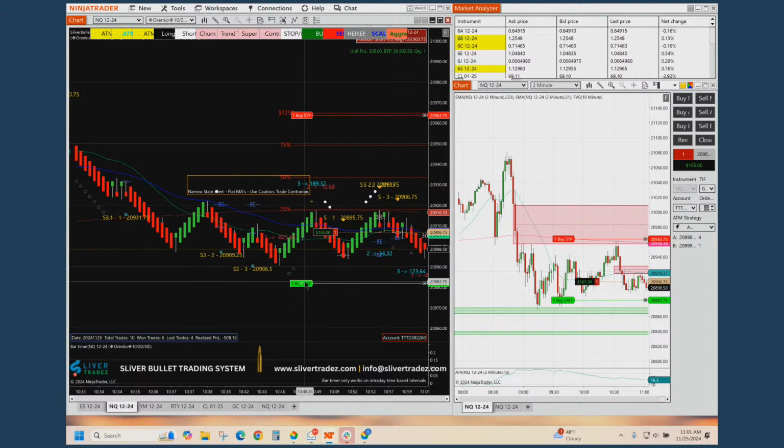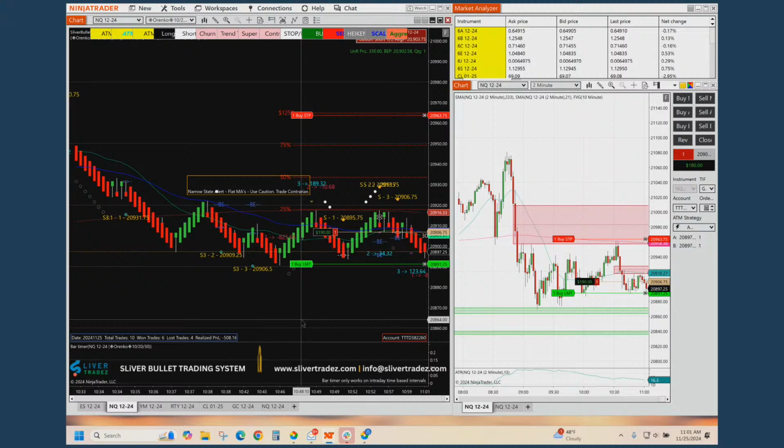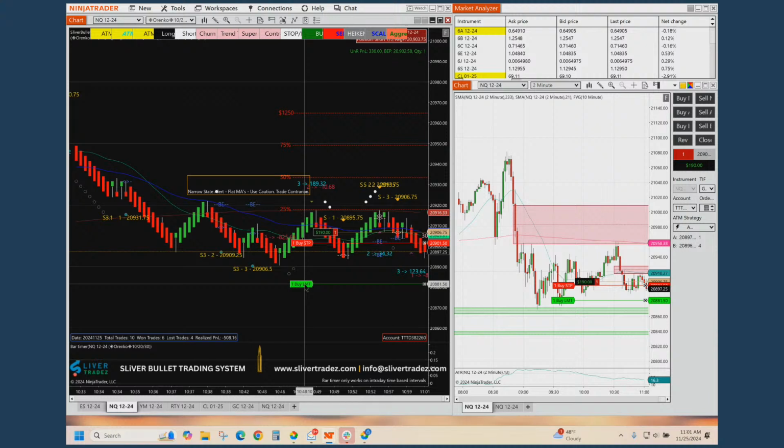Target filled. And place one here. And I will move my stop here so that in that way I can play for the further downside.